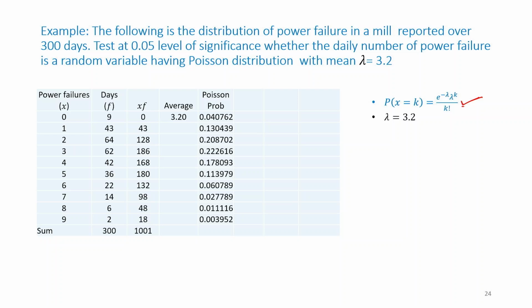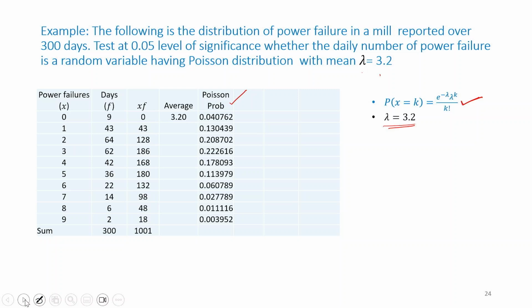The probability that the variable x will take a value k is given by this equation. Lambda is the mean value. So using this lambda, whatever is given, we calculate the Poisson probabilities. This is what is listed in this particular column.